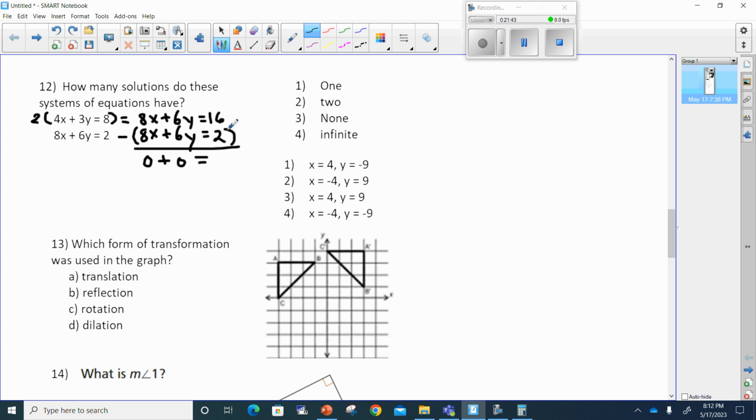And then 16 minus 2 is 14. So 0 plus 0 is 0. Does 0 equal 14? No, it does not. So in essence, this is none.